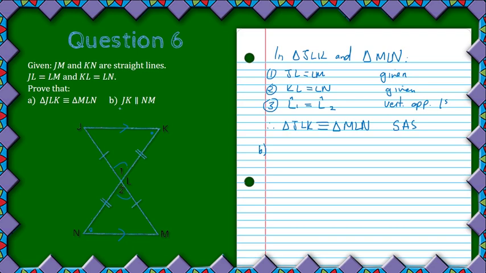And then we've shown that they are parallel. So to start off, I'm just going to state that we've just shown that JLK is congruent to triangle MLN. So therefore, angle K is equal to angle N, and therefore JK is parallel to NM.